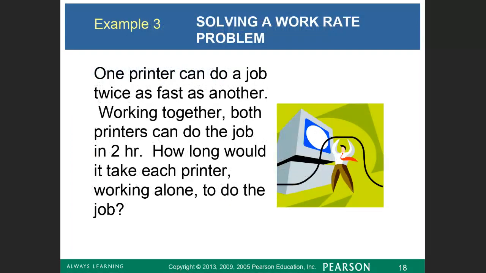Okay, so here's the example for the applied problem. I'll give you a chance to read and understand the problem.